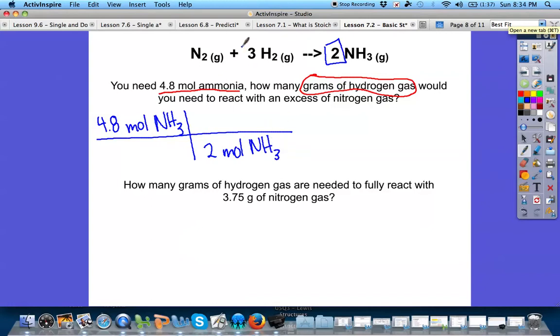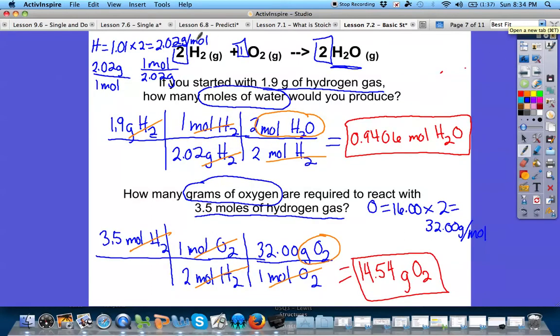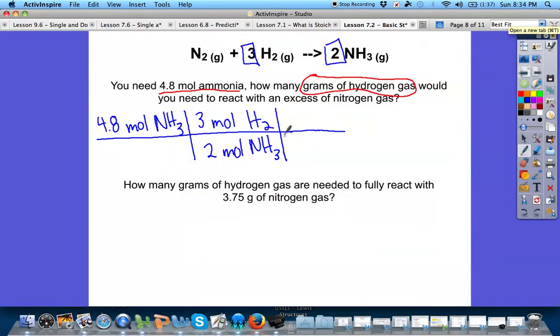And our moles of hydrogen is going to be 3, so 3 moles of hydrogen. And then we want grams, so we're going to use that molar mass of hydrogen, which we calculated to be 2.02 grams per mole.